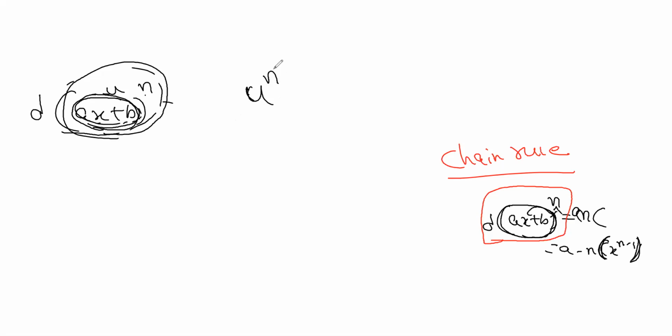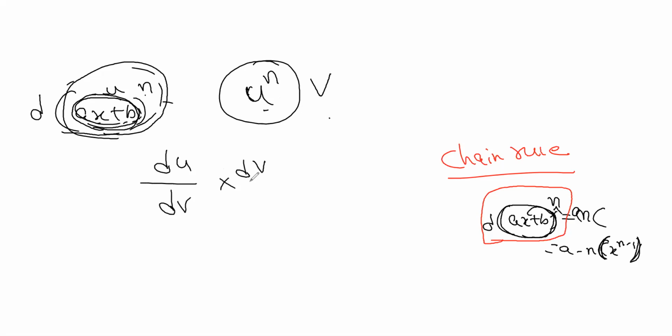This is one function, and we are considering this total as v. Now we have two functions. First is du by dv and dv by dx. Here the v is the bigger one.